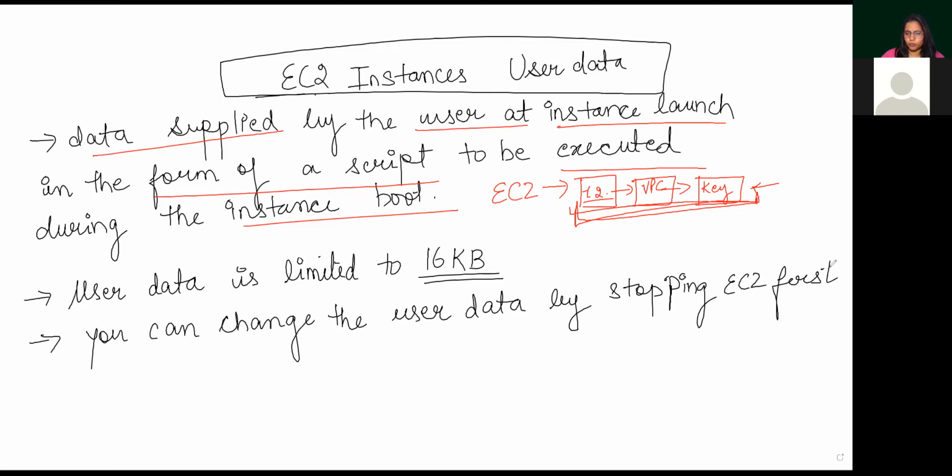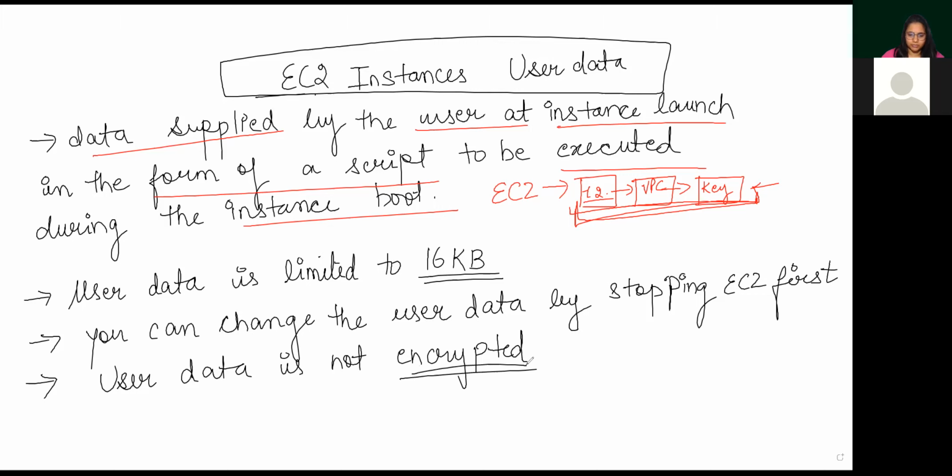So if you want to change your user data, you have to stop the EC2 instance. User data is not encrypted. Not encrypted means everybody can see your user data.